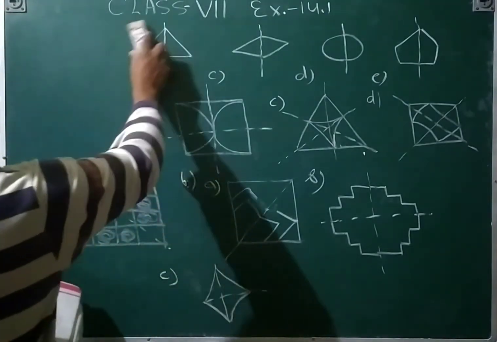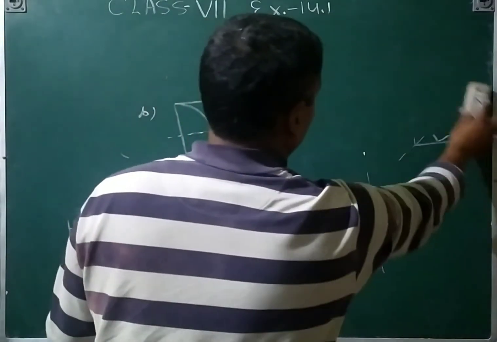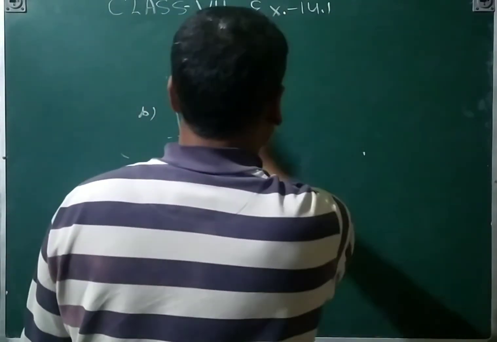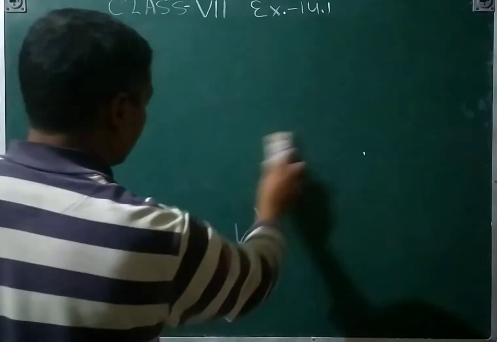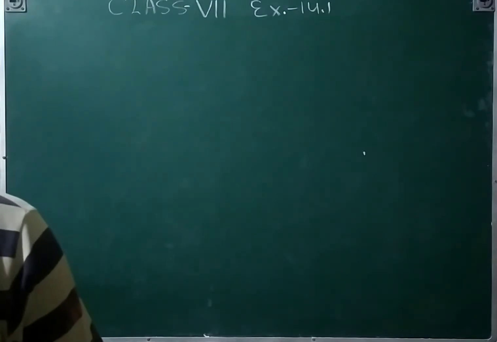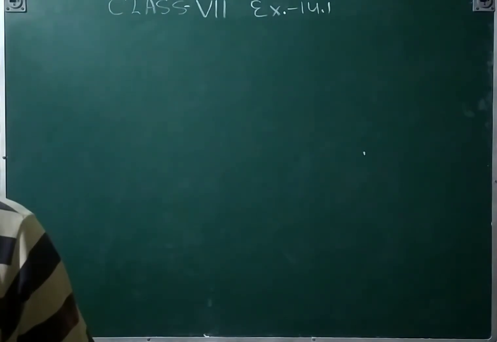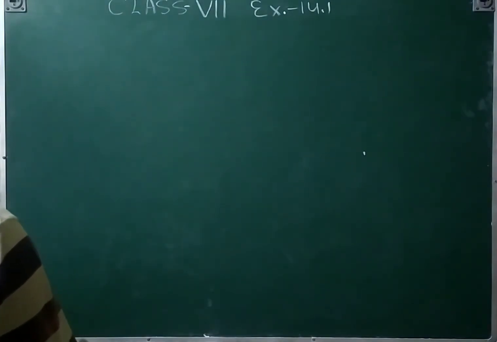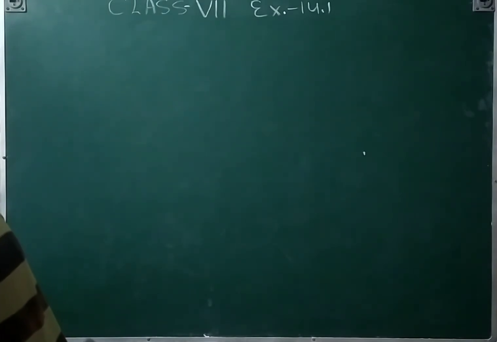Question number 7. Which letters of the alphabet have reflection symmetry, related to a mirror about a vertical mirror, horizontal mirror, both vertical and horizontal?